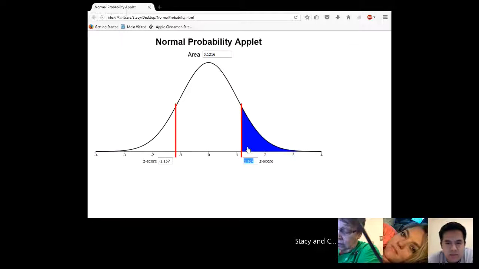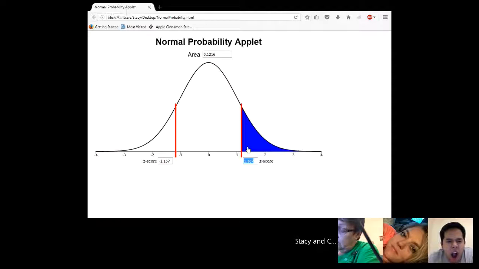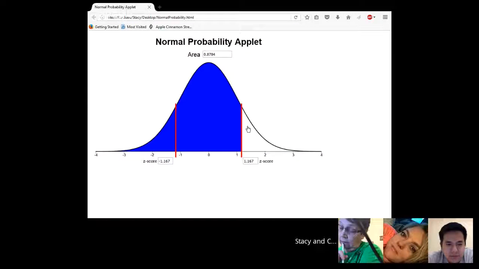What is the probability that a randomly selected particle has a speed that is less than 2,500 meters per second? Would that just be like 88%? 0.88. Yeah, so 87.8. What we do is go like that because we want to know what would be less than that z-score.